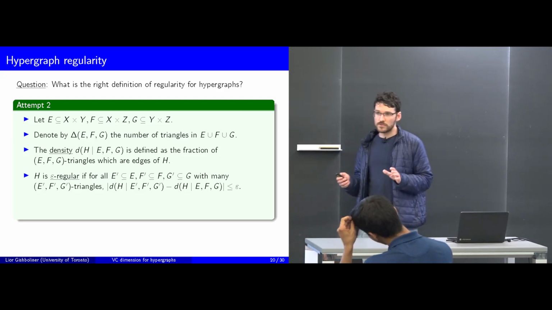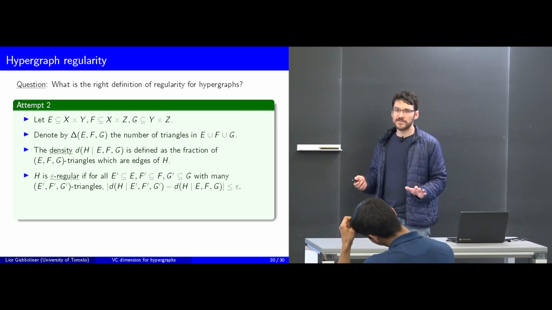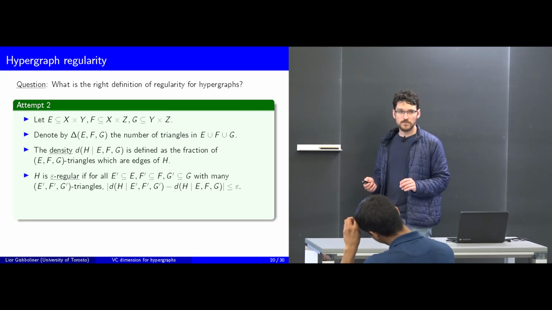Okay, so it turns out that this is the correct notion of regularity that does allow you to count things.